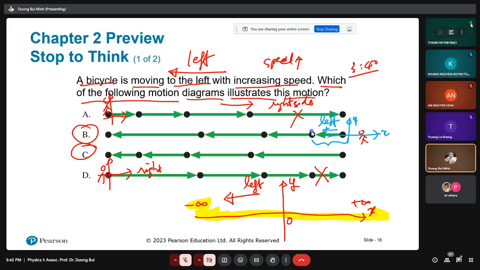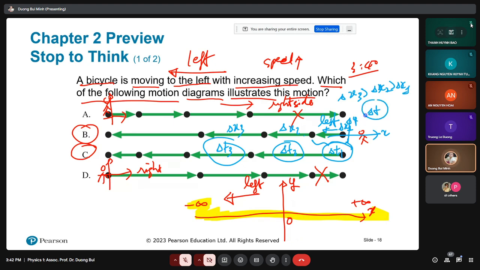Okay, so here we have delta t1, you get delta x1, delta t2, you get delta x2, delta t3, you get delta x3. So look, we have the same time interval, but delta x3 is higher than delta x2, or delta x2 is higher than delta x1.